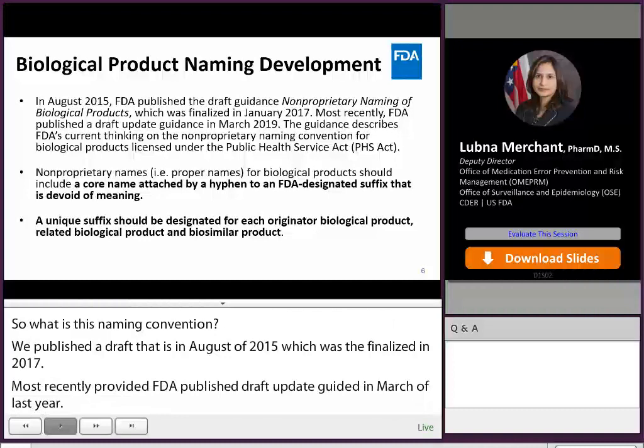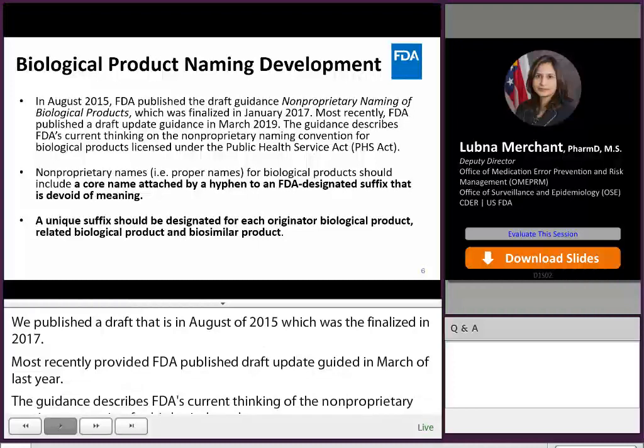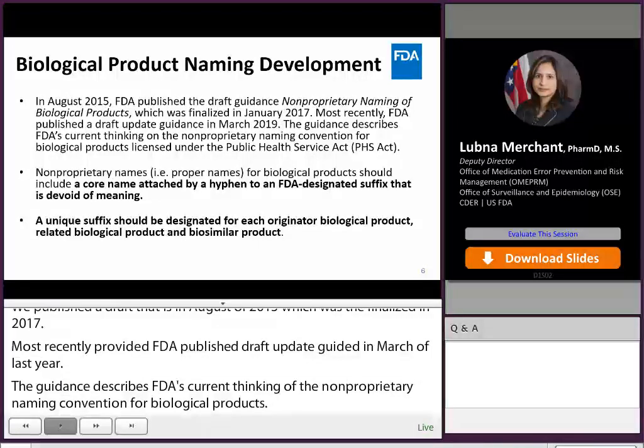The non-proprietary names for biological products should include a core name attached by a hyphen to an FDA-designated suffix that is devoid of meaning. A unique suffix is designated for each originator biological product, related biological product, and biosimilar product.